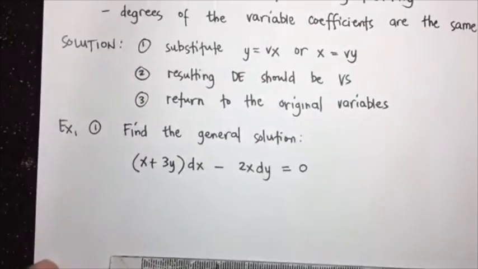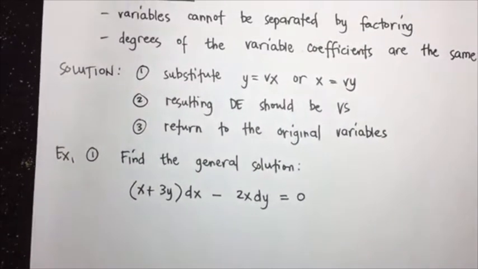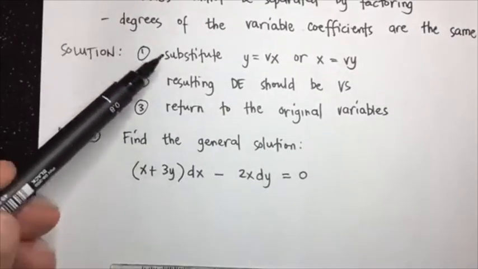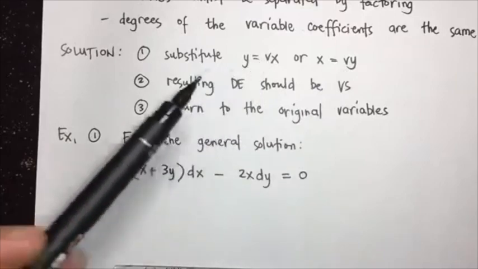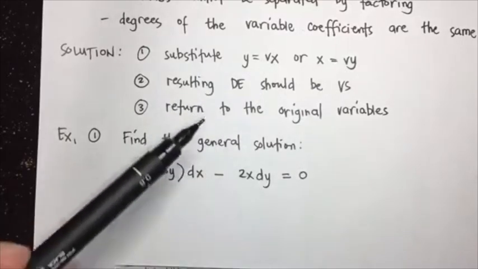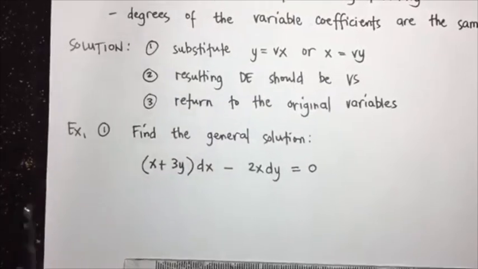Now that we have verified that it's the homogeneous type, we will substitute y equal to vx or x equal to vy, again depending on which one would give the easier solution. So let's try the two.